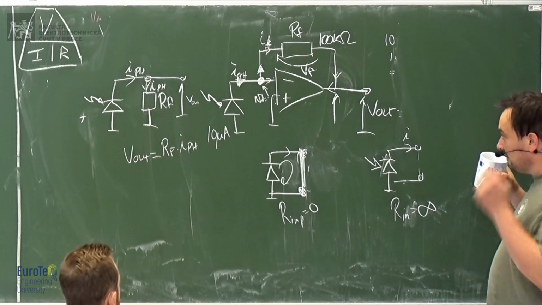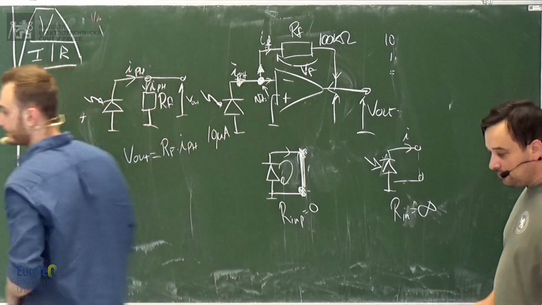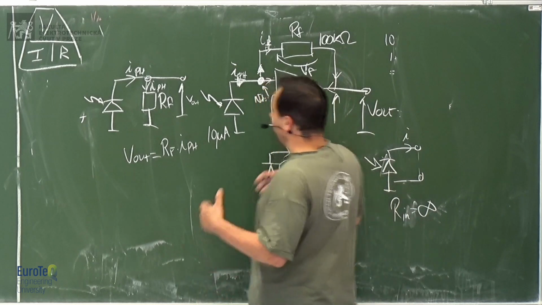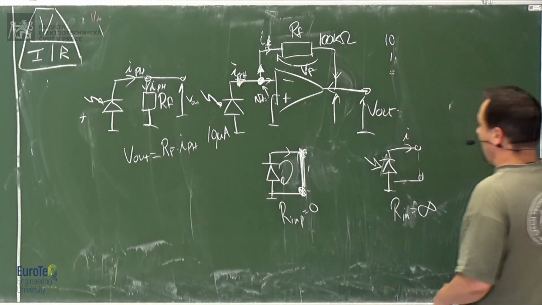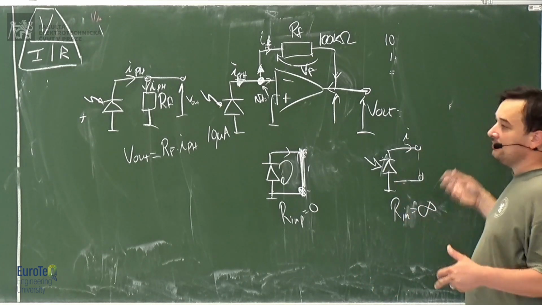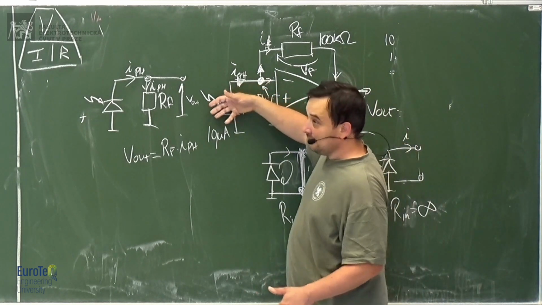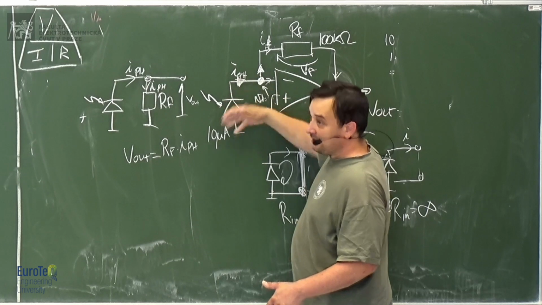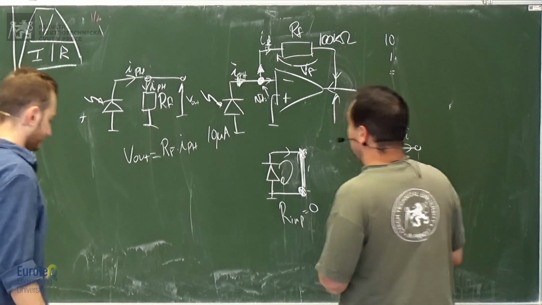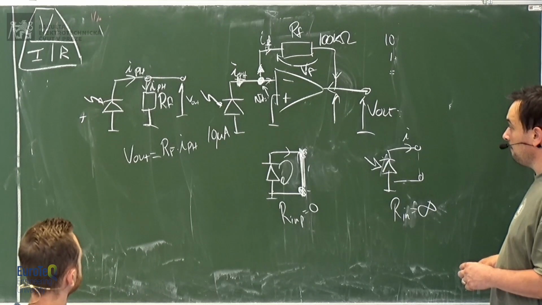So this is the advantage of using the operational amplifier in this case: you convert a current into a voltage, and you do so without affecting the source of current. This is one important thing that you can do with operational amplifiers.